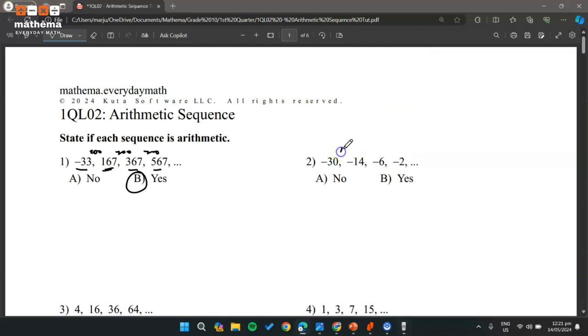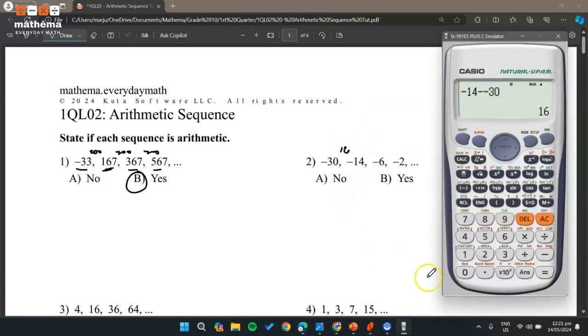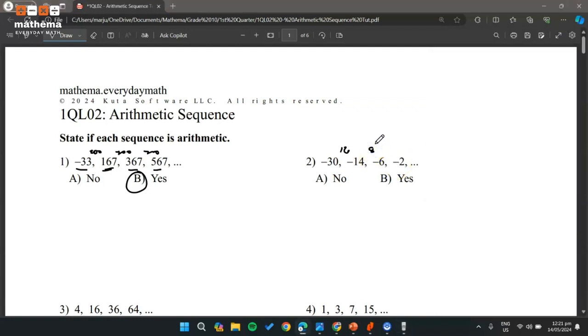Then negative 6 minus negative 14 gives us 8. From this alone, we see that 16 is not equal to 8, so we don't have a common difference. So this is a no.